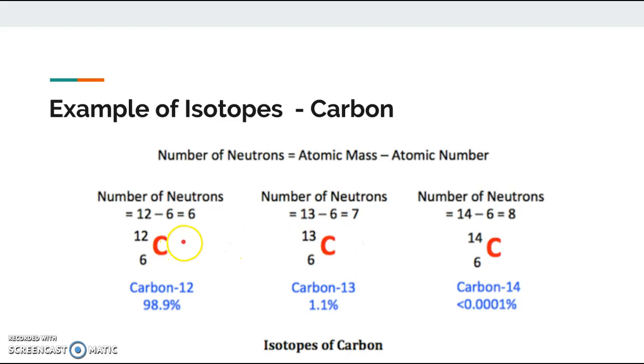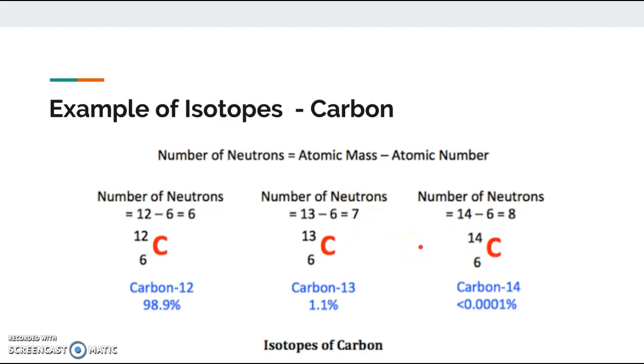And so the isotopes have the same number of protons. The atomic number is always 6. Notice that right here on our picture. But it is the mass that changes. It's 12 or 13 or 14. And all we do is subtract those two to figure out the number of neutrons in there.